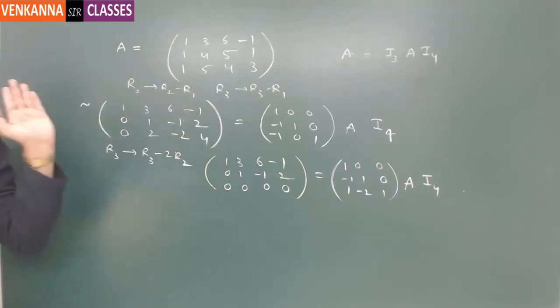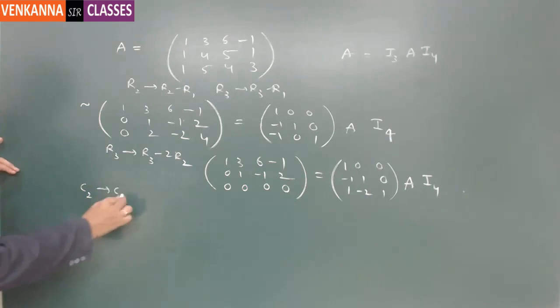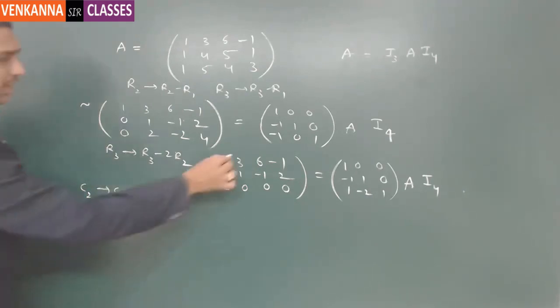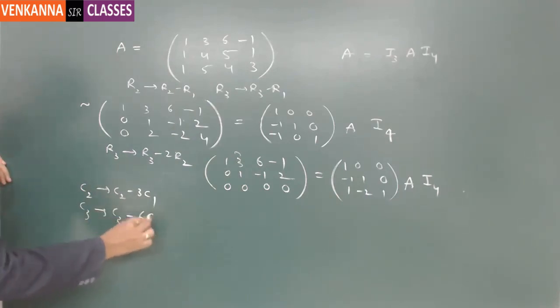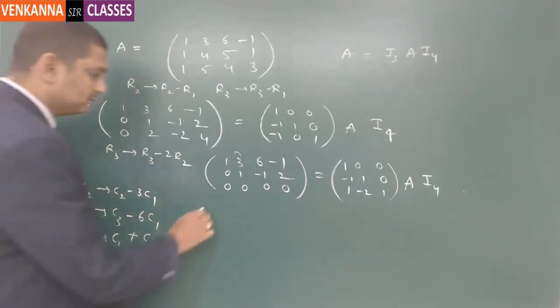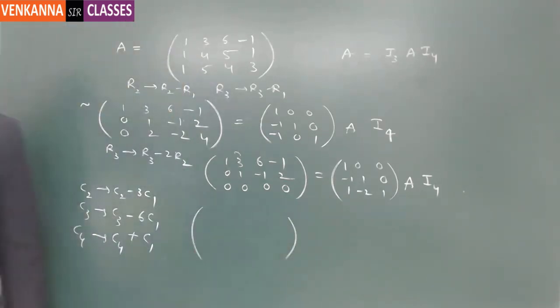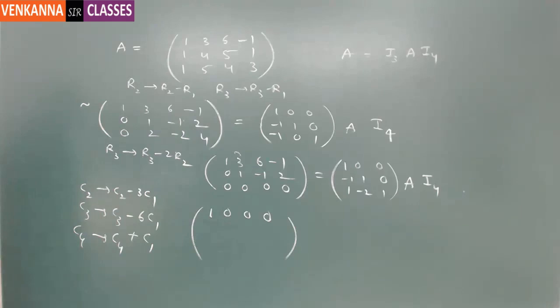So once we have finished with this type of pattern, then we start doing the column operations. Now you are going to apply the column operations as C2 tends to C2 minus 3C1 because this is 3. C3 tends to C3 minus 6C1. C4 tends to C4 plus C1. Right? So then it will become 1, 0, 0, 0. Then you have 0, 1, minus 1, 2.